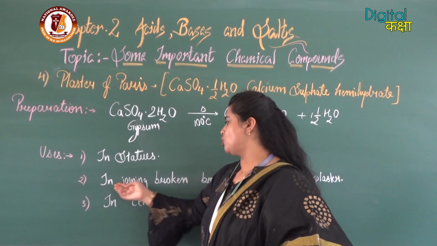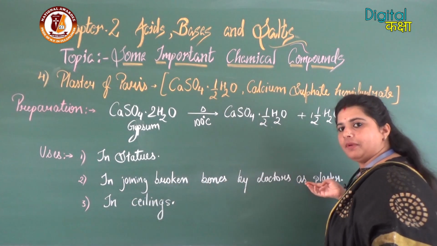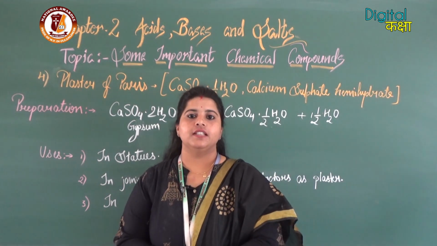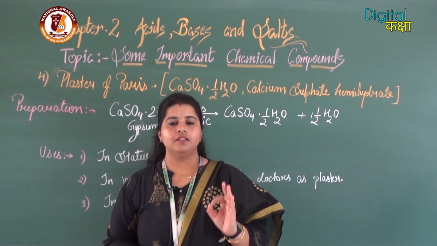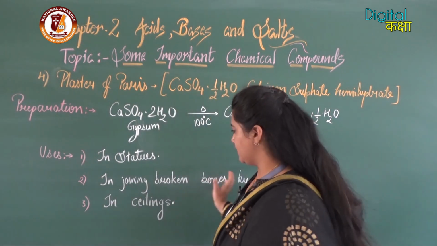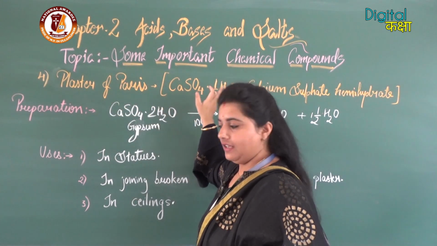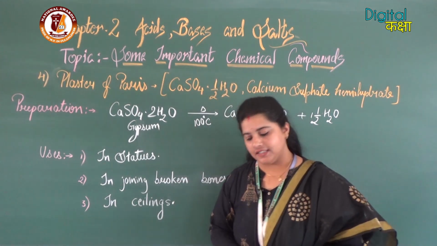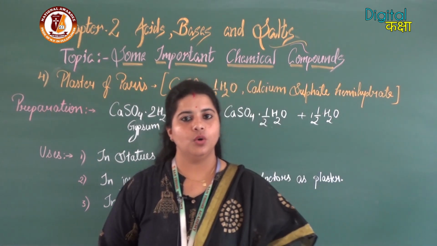Secondly, it is used in joining broken bones by doctors as a plaster. When a bone breaks, doctors put a plaster on the broken part, and that plaster is of POP, that is calcium sulfate hemihydrate. And the third use is in ceilings for the beauty of rooms and homes.